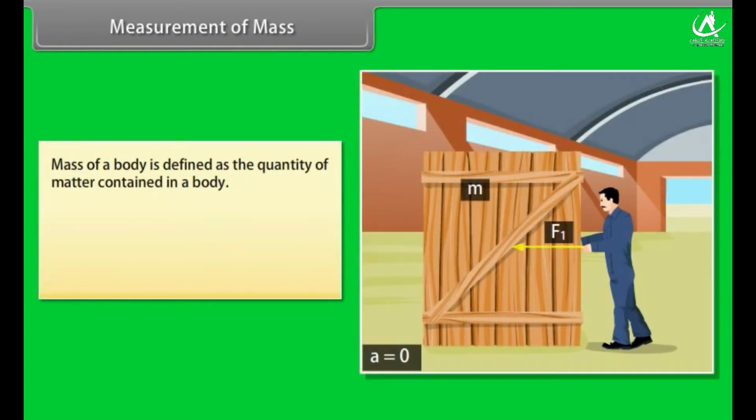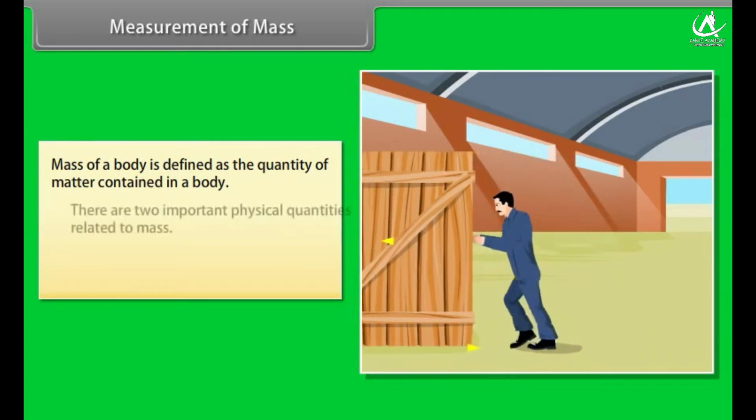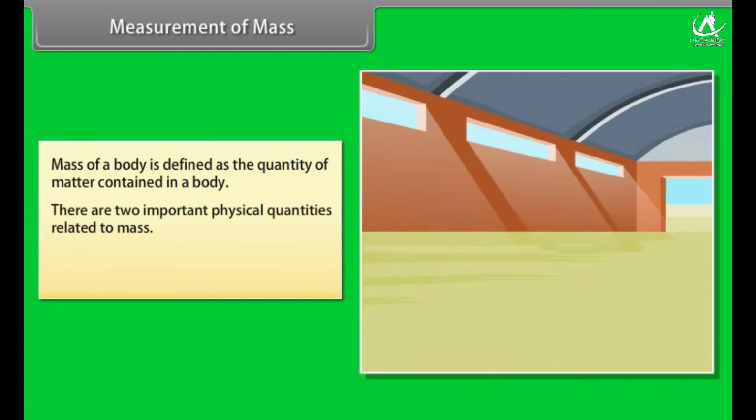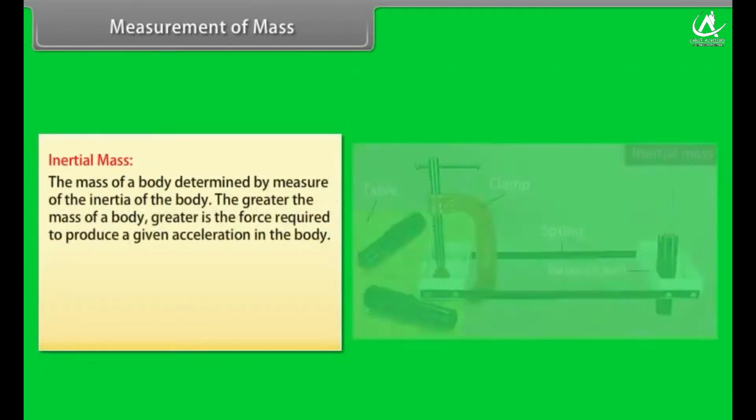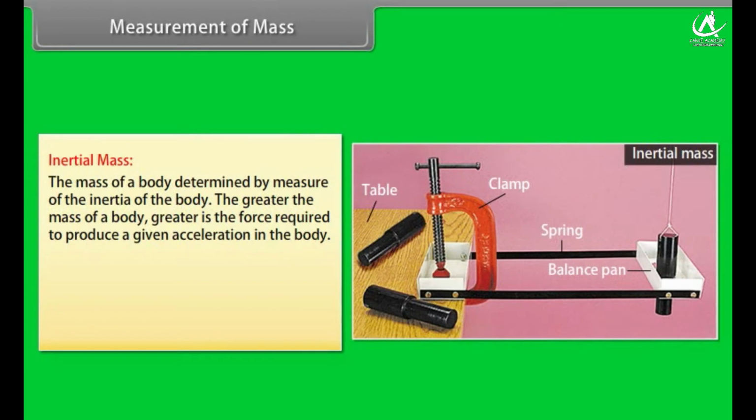Measurement of mass. Mass of a body is defined as the quantity of matter contained in a body. There are 2 important physical quantities related to the mass of a body. These quantities are inertial mass and gravitational mass. Inertial mass: the mass of the body is determined by measure of the inertia of the body.